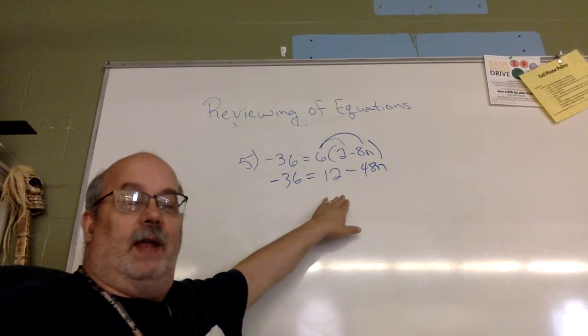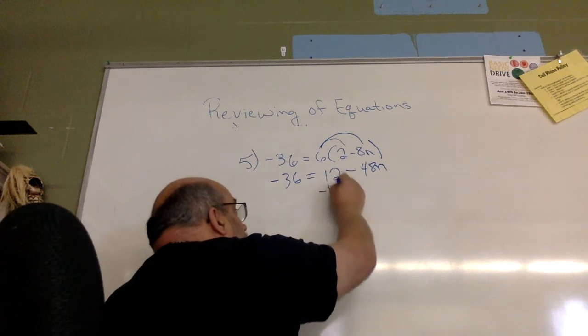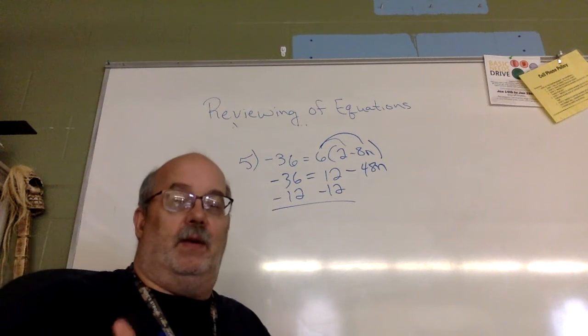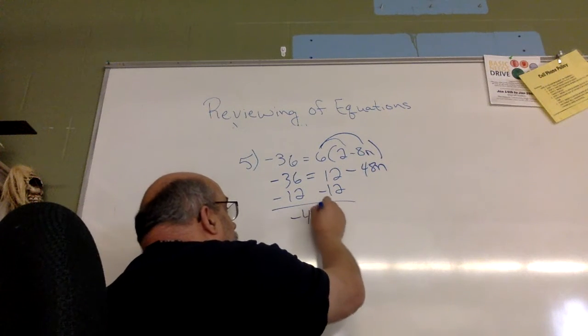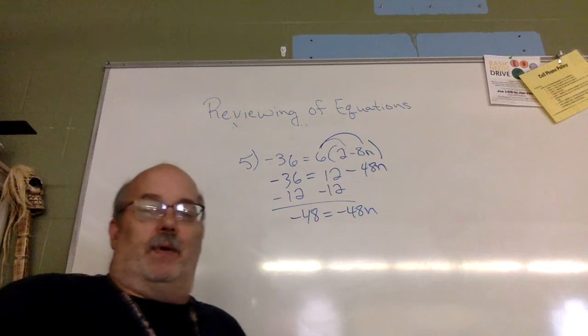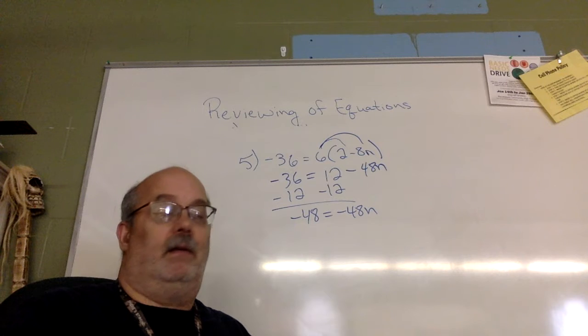To get rid of it over here, we subtract 12. To keep it balanced, we do it to both sides. So what we end up with is negative 48 is equal to negative 48n.